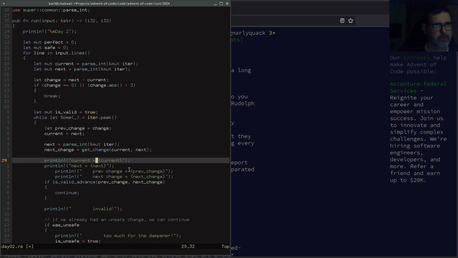And then while we have more characters to peek, previous change equals the change.